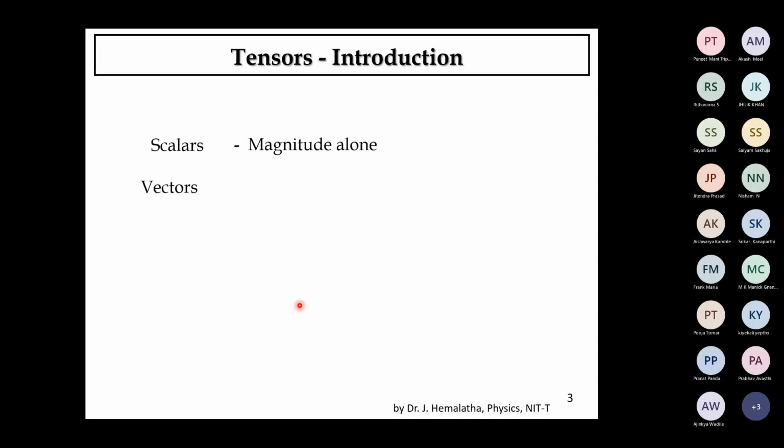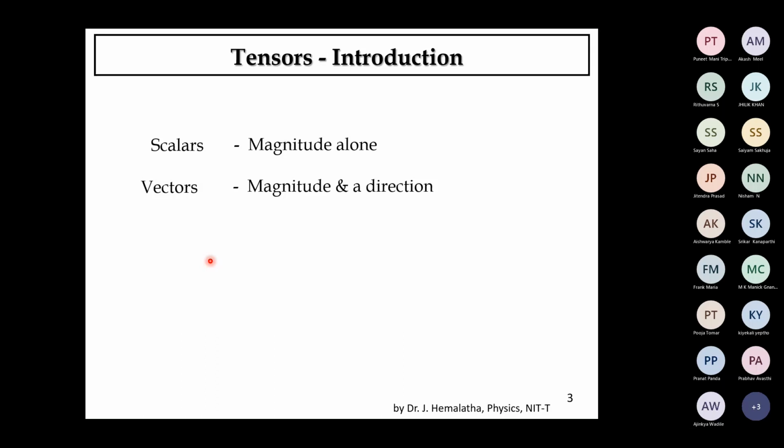But when it comes to vectors, magnitude alone is not sufficient, so we need magnitude and a direction also, right? This is well versed to everyone. Magnitude alone is needed to describe a physical entity, we call it a scalar.